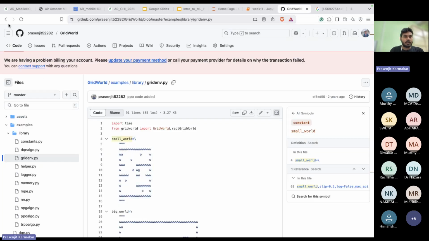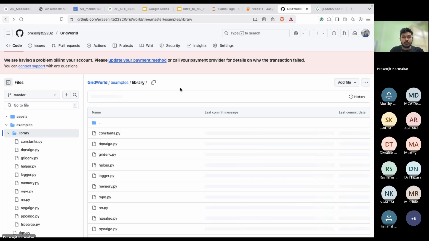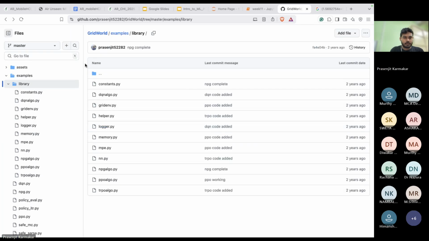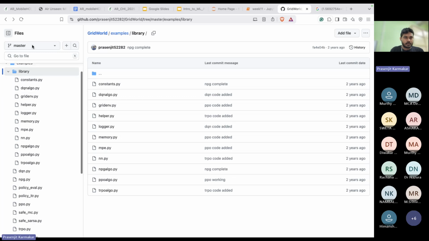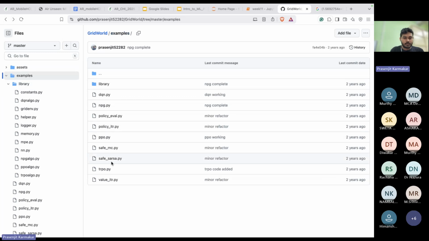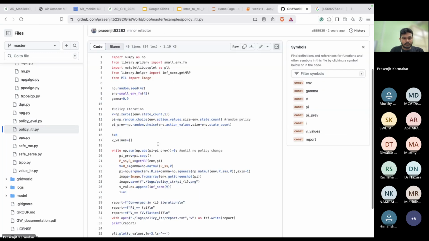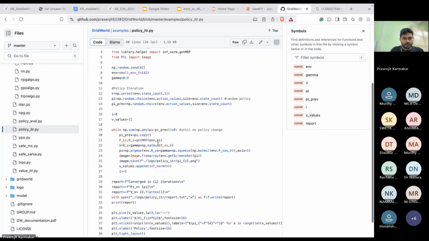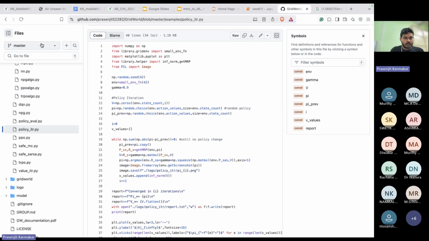Okay, it's better to go over another one. It's called policy iteration.